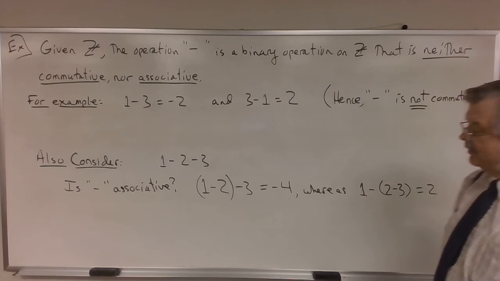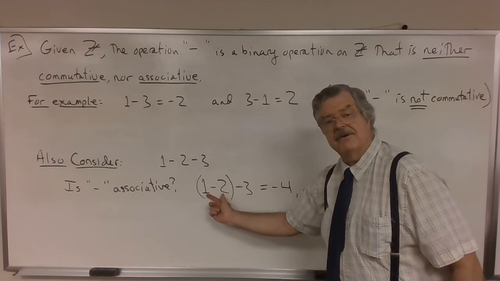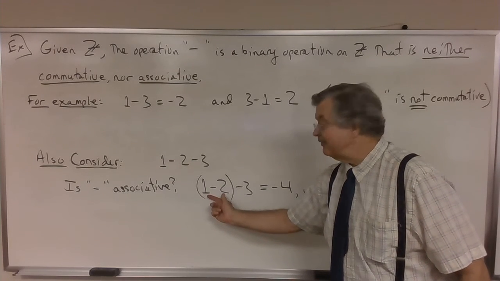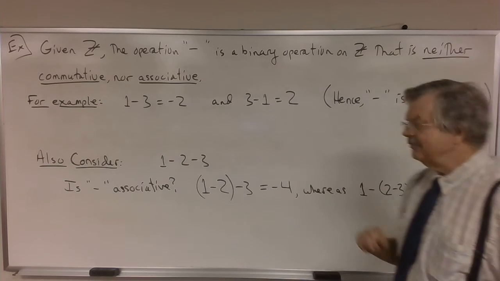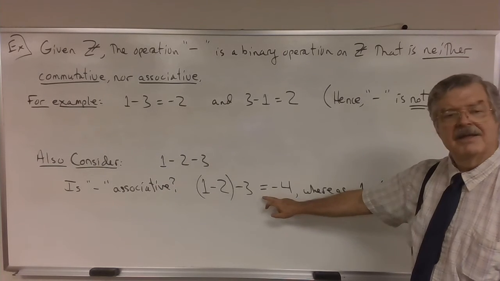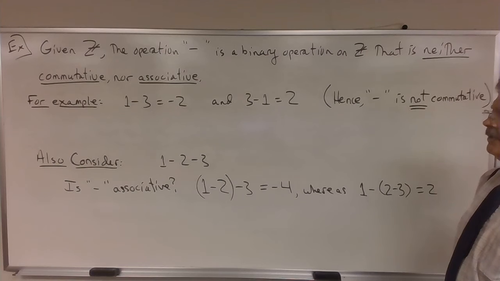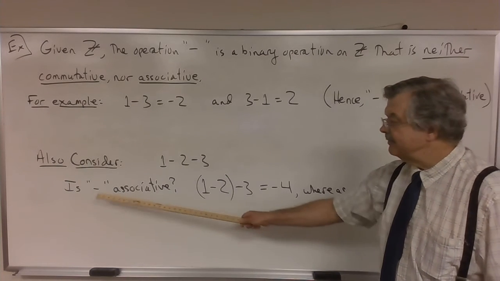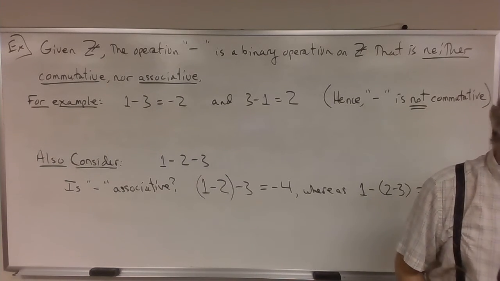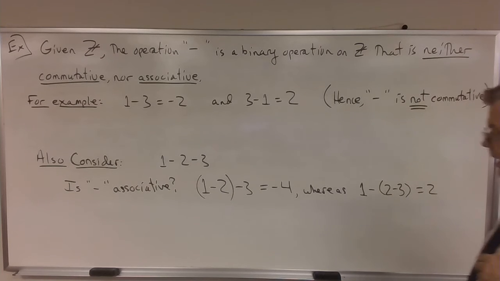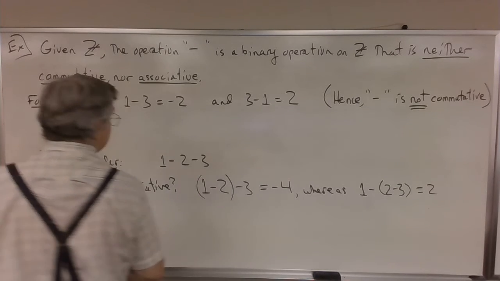So the choice of which elements we associate first determines the outcome, and the outcome is not the same for both cases. So minus is not associative, and I didn't write that. I guess I should.